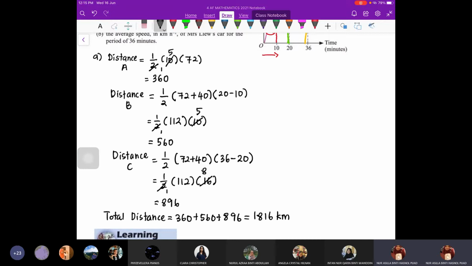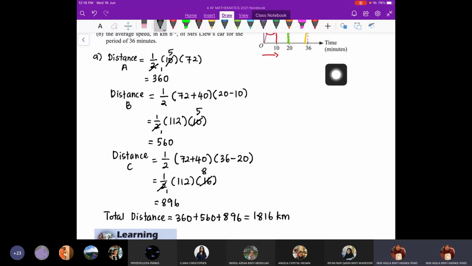Okay, so jalan kerja untuk ini sebenarnya adalah kamu kena buat dalam satu barisan. Okay, maksudnya dalam satu barisan ataupun satu working adalah 1/2 times 10 times 72 and then you kena plus 1/2 times 72 plus 40 times 20 minus 10 plus. So ini 1, 2, 3 mesti dalam satu baris.